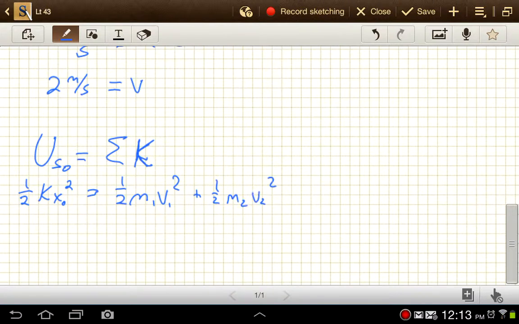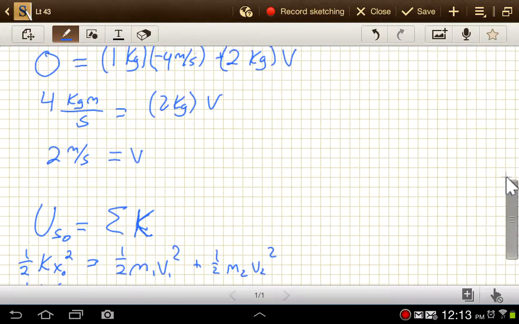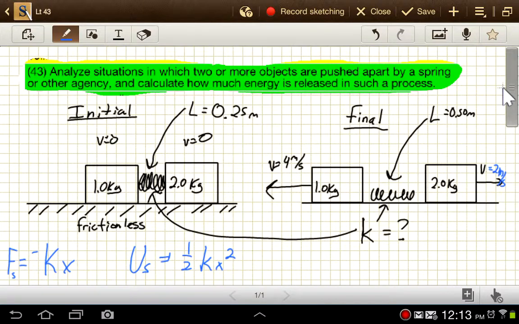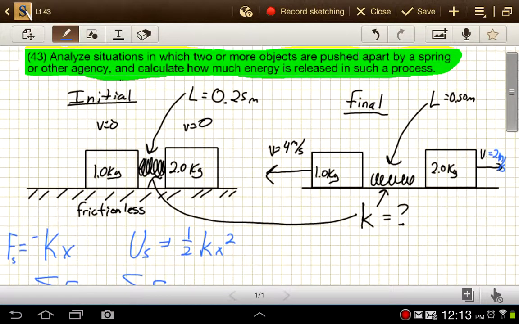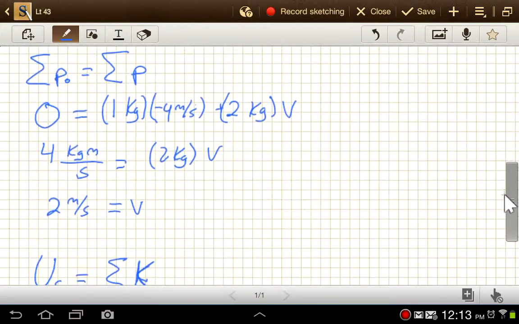So the kinetic energy for both objects moving at the very end. Now I'll plug in what I can. x is the stretch or compression distance. We started out at 0.25 meters. When it was relaxed at the end, it was 0.50 meters. So we can tell that it was compressed by a distance of 0.25.